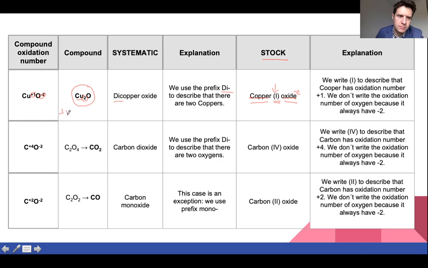So 2 coppers with +1, multiplied by 2, therefore we'll have +2.